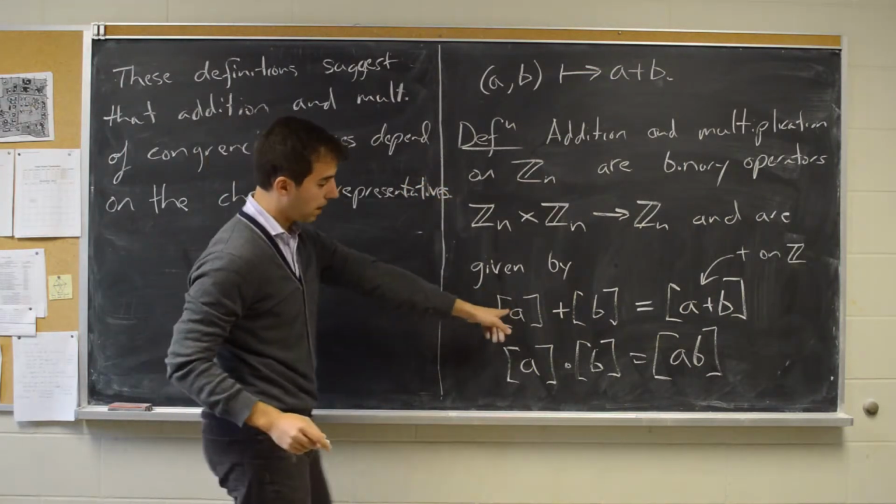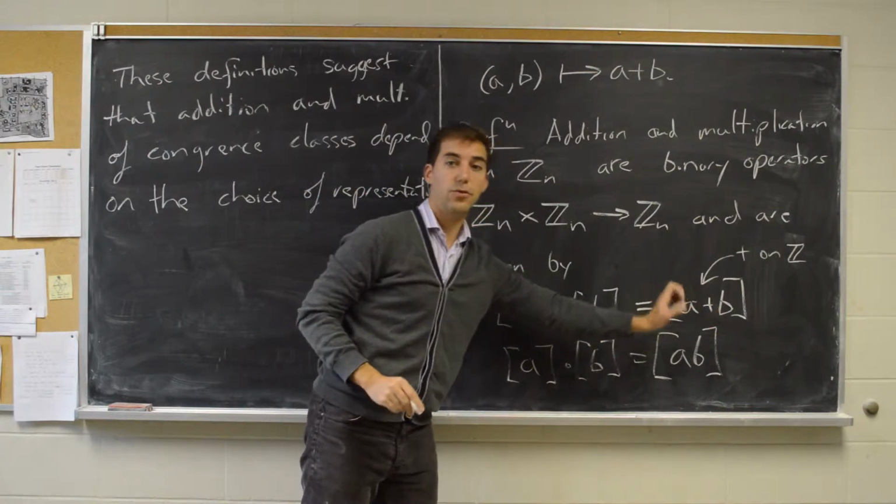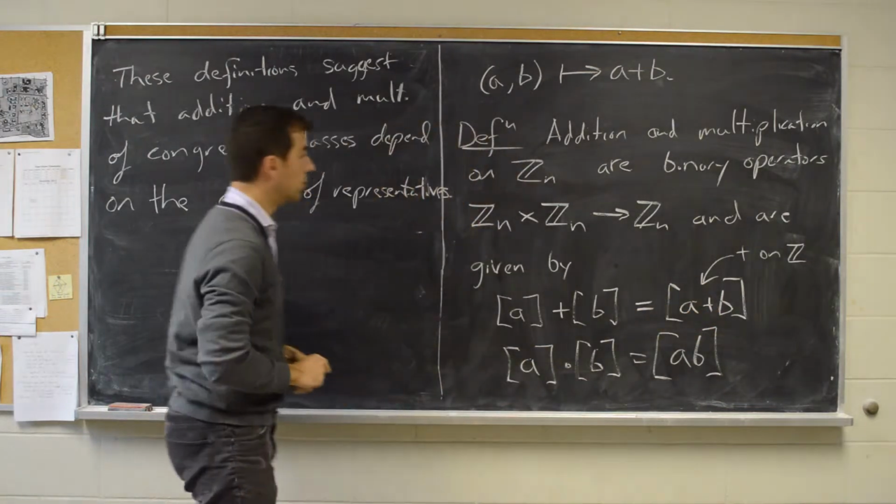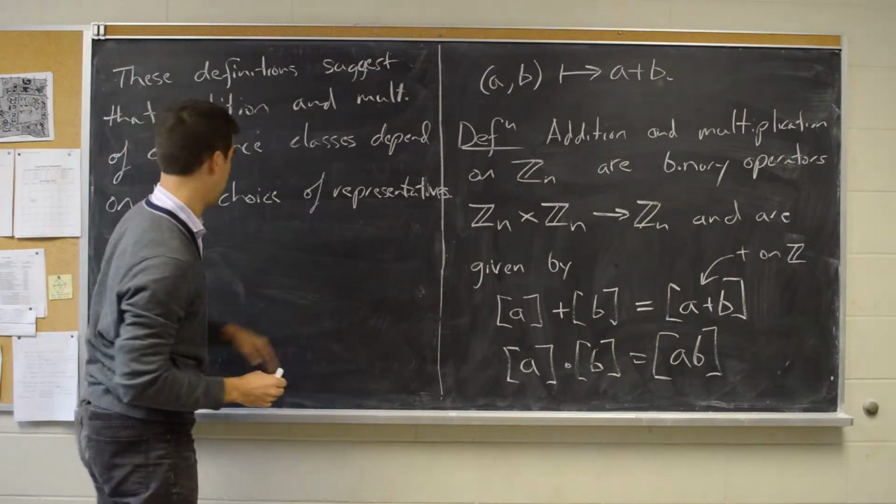So maybe it depends on A and it depends on B, because you have to use A and B in the arithmetic to figure out what congruence class you're going to get out from addition.